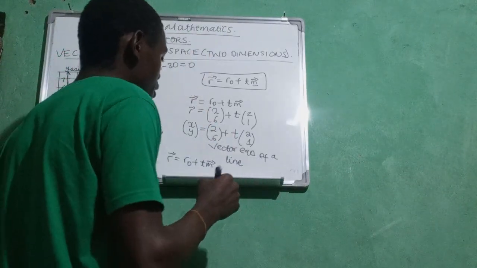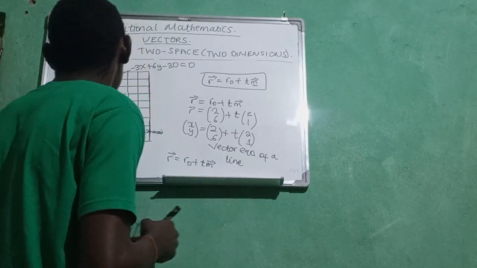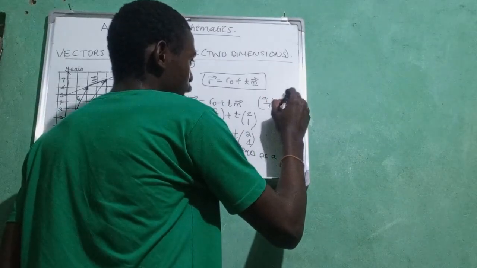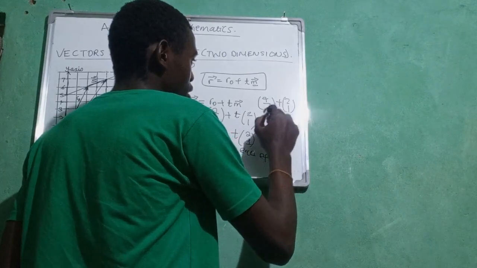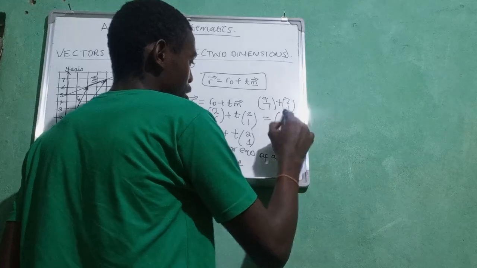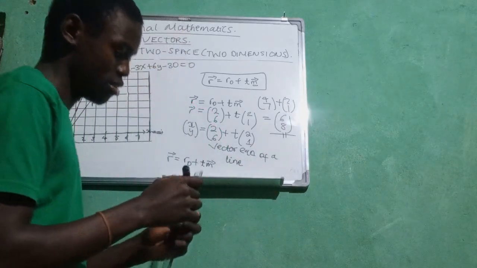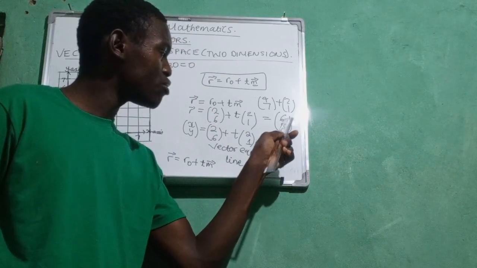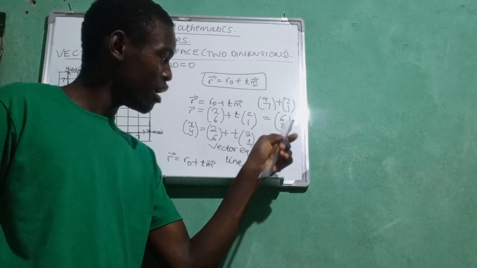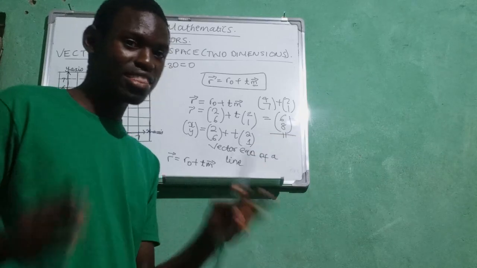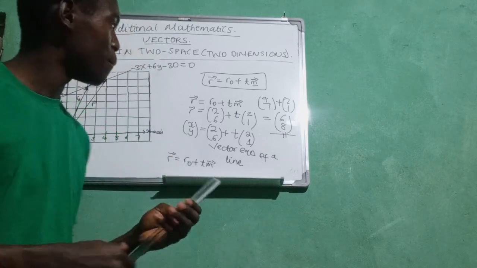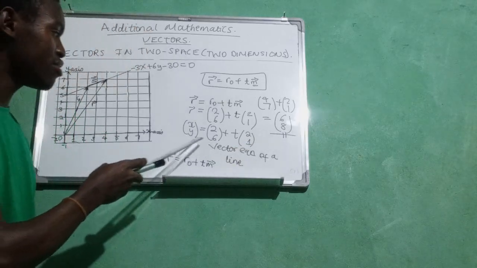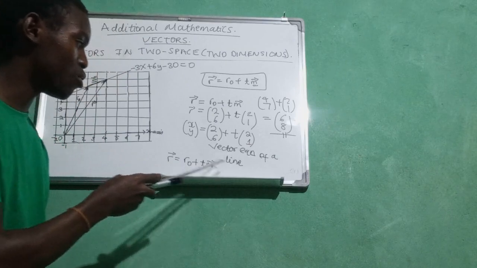Reason being, we have our 4, 7 plus 2, 1, which gives 6, 8. Again, if we add 2, 1, we'll get 8, 9. It will keep on increasing by 2, 1, because that is the direction vector. So leaving it like this is the vector equation of a line.